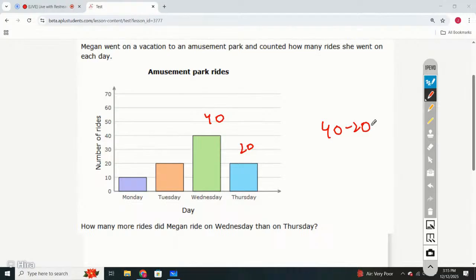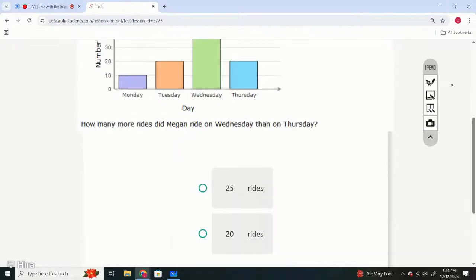That is 40 minus 20, which equals 20. So the correct option is 20 rides.